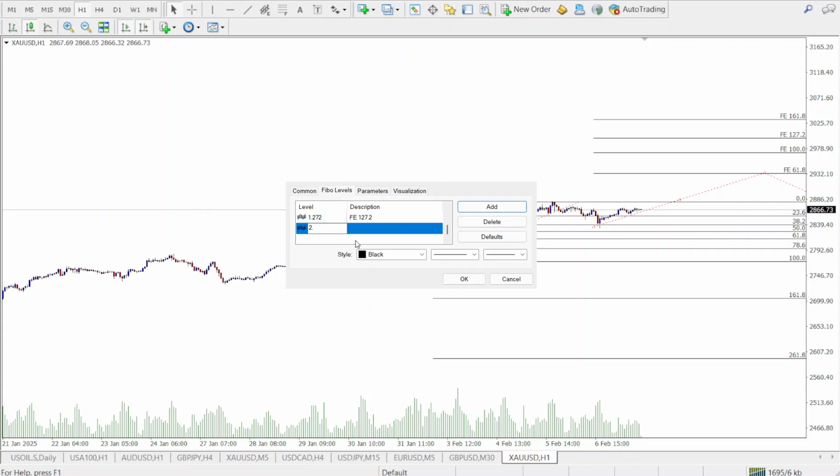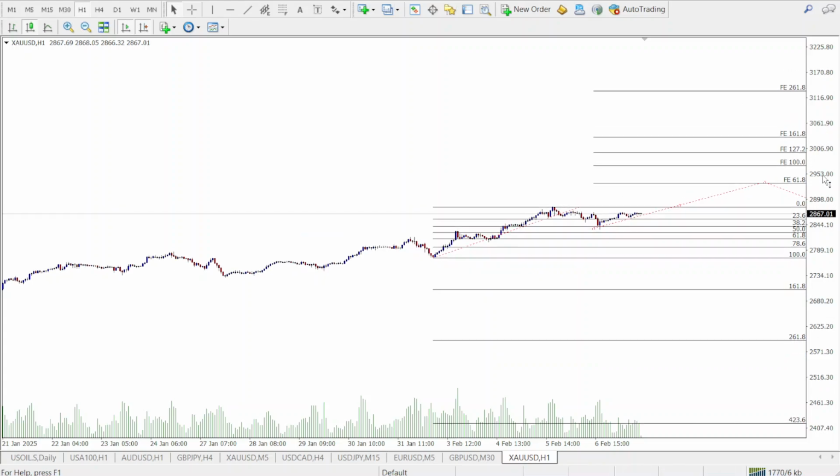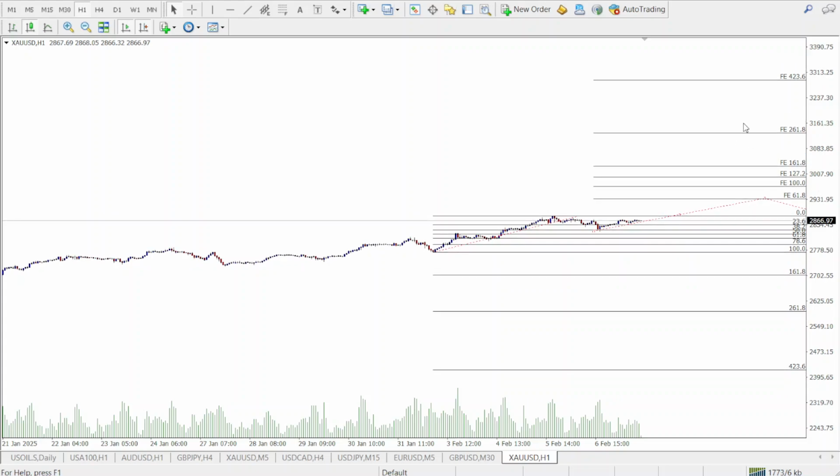So we're just going to add 2.618, which is FE 261.8, and we're also going to add the 4.236, which is going to be the FE 423.6%. So now, having added these two levels, we can see these are also important price points.